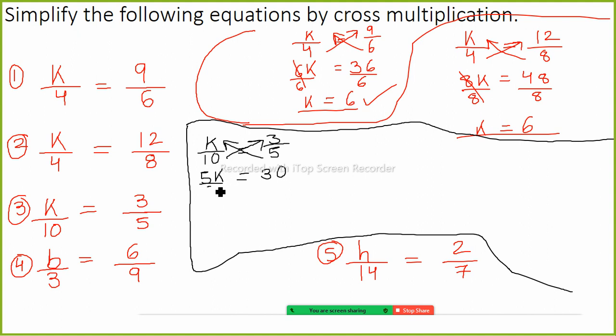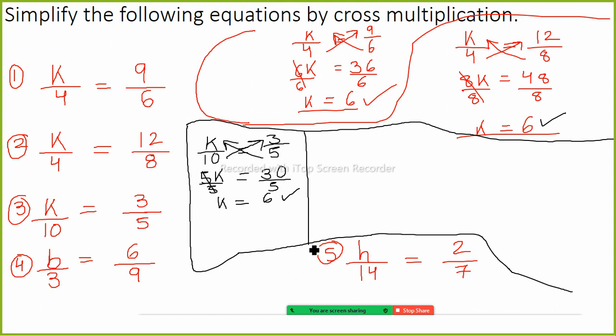Divide by 5 on both sides. We get that k is equal to 30 divided by 5, which is 6. Very good, that's true. Wait, all the answers are 6 thus far? Wow, I didn't realize that.